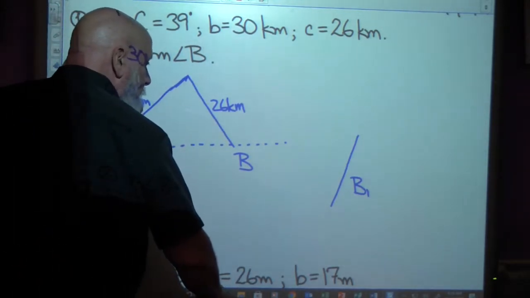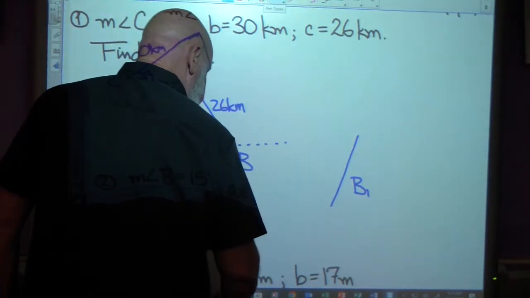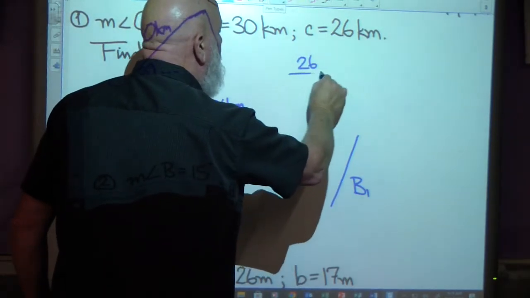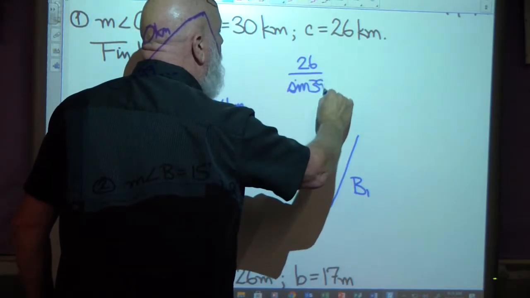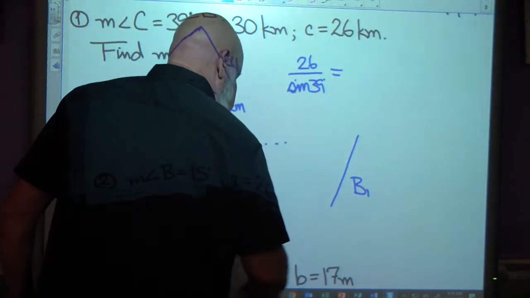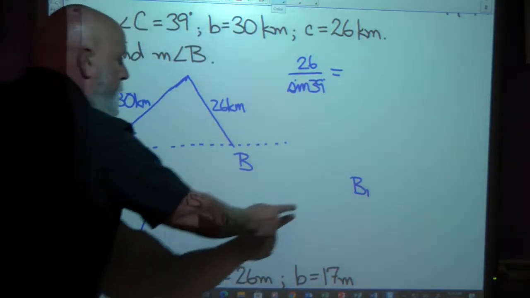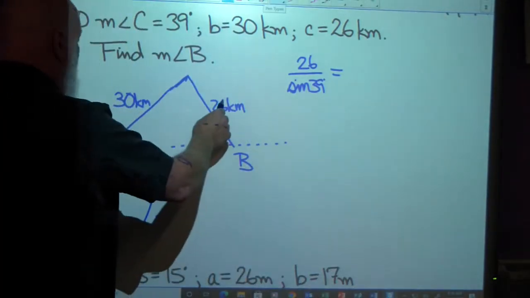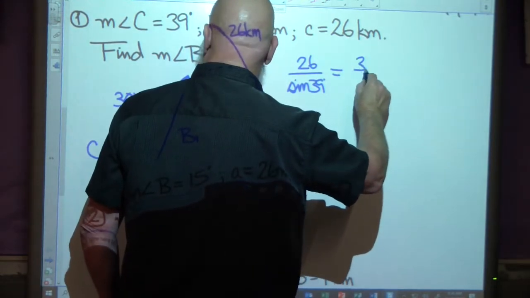Here we go, using the law of sines. 26 is to the sine of 39 as 30 is to the sine of B. That is 30, isn't it?